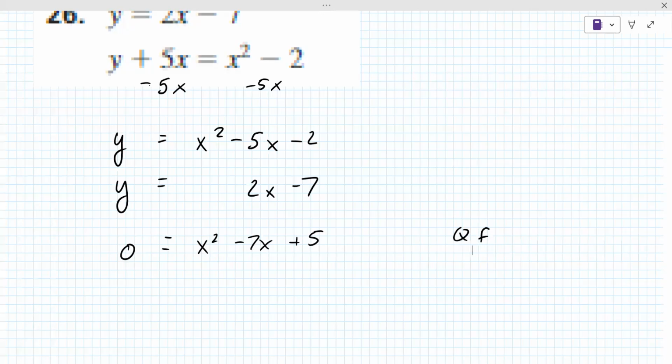And then -7 plus or minus the square root of 29 over 2. So I ended up with -7 plus or minus the square root of 29 over 2.